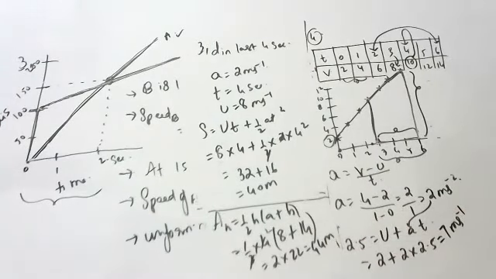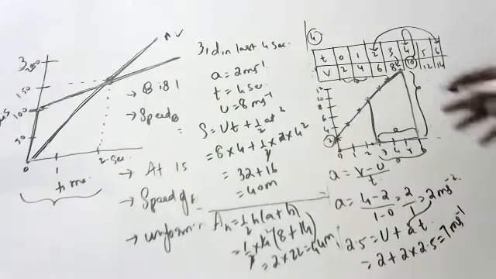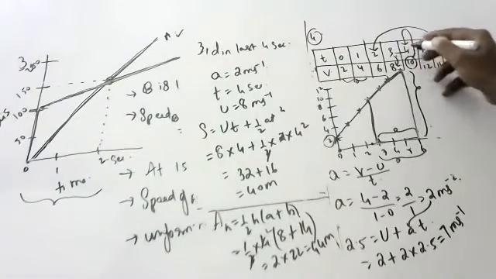Am I correct? Why we are getting wrong answer in this case? Then we'll get 48, sir. Why we are getting wrong answer? First, 1, 2, 3.